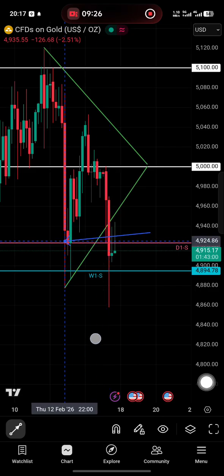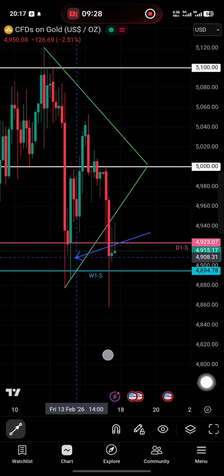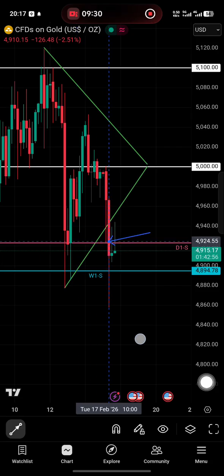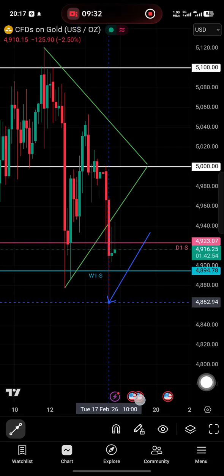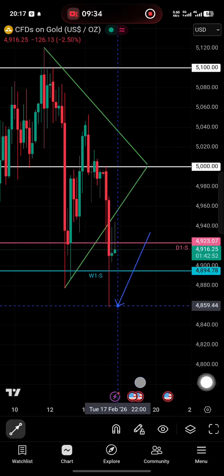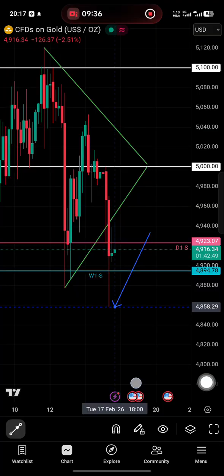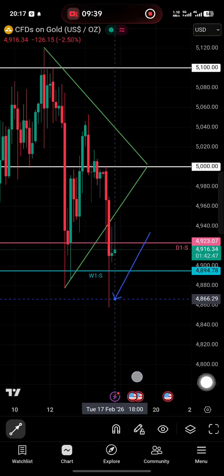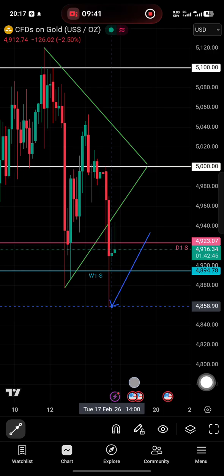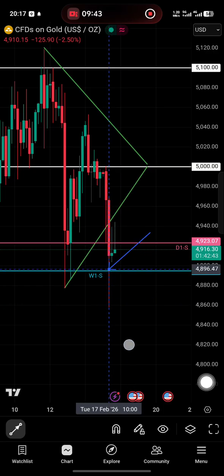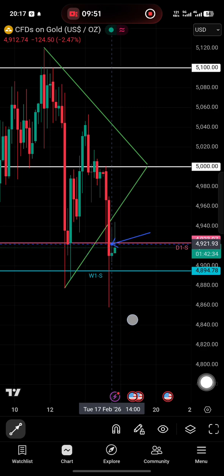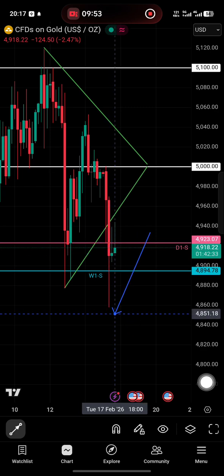Upon touching this key support at about 4923.07, it dumped all the way down to create a low of 4858.29, approximately. So the chart has dumped down for about how many pips, right? From 4923, dump all the way down. We'll measure it.